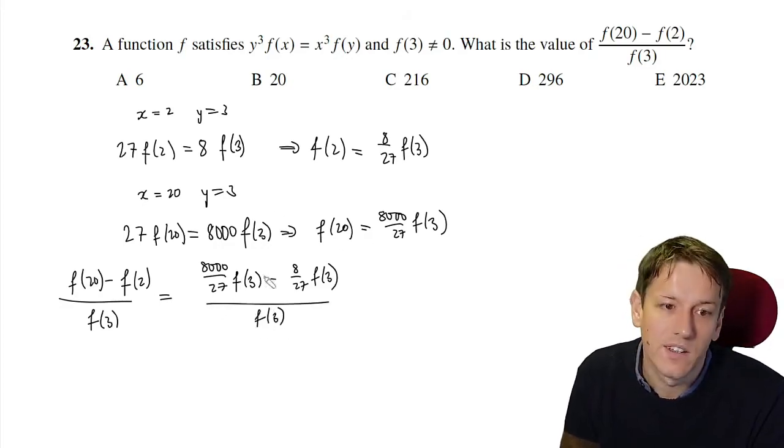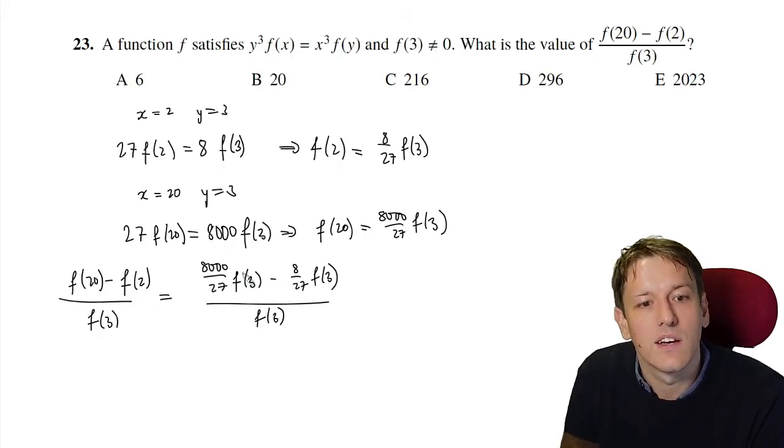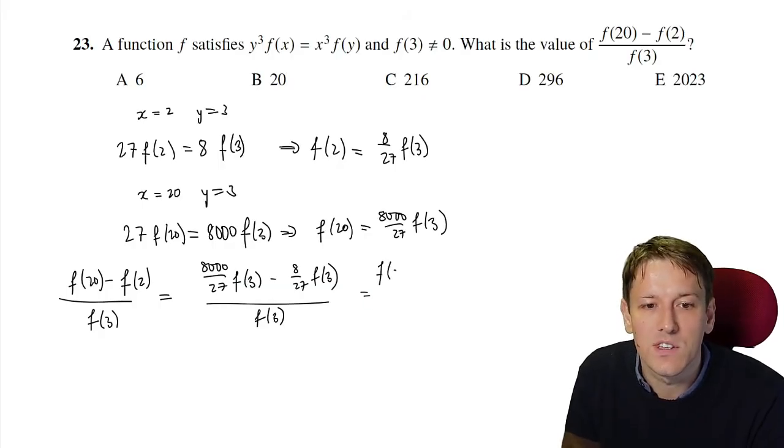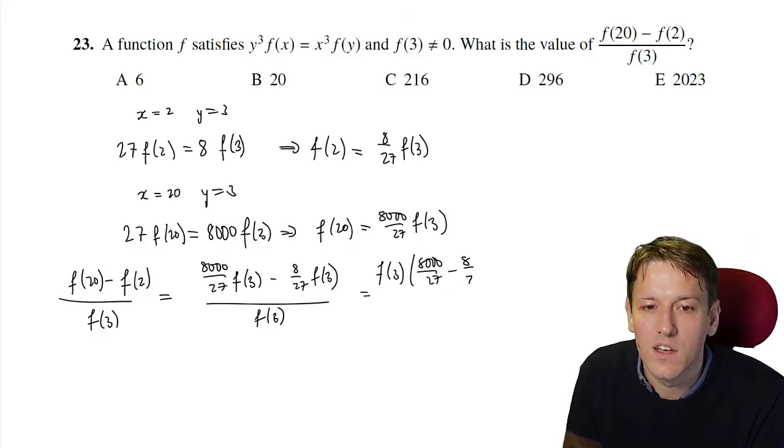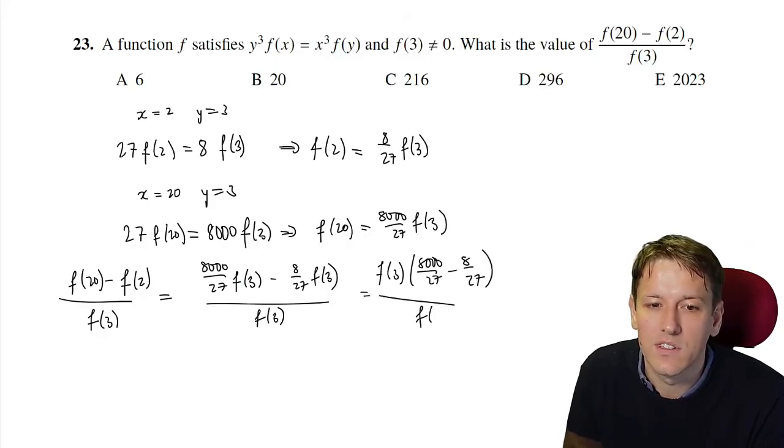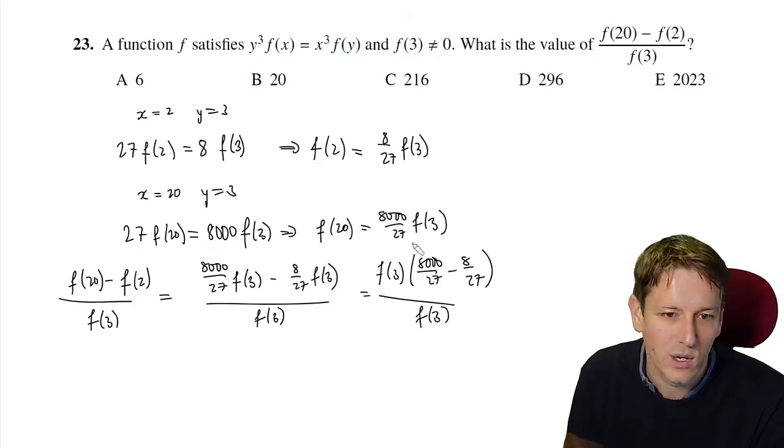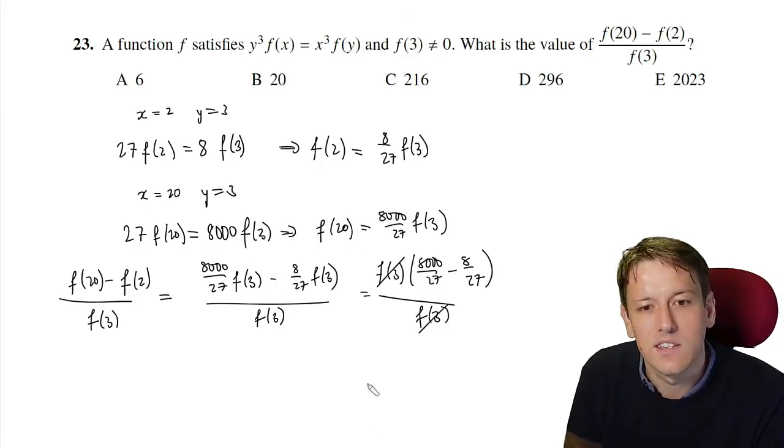So we can factorize an f of 3 in the top if you like here and say, well, this is just f of 3 times 8,000 over 27 minus 8 over 27 divided by f of 3, or you can just cancel it right away if you can see that, and they cancel out.